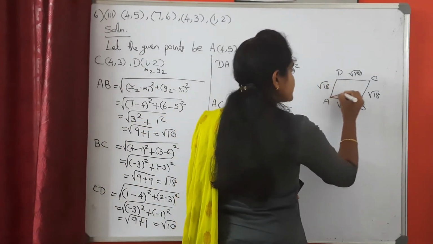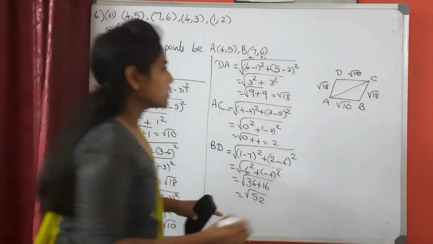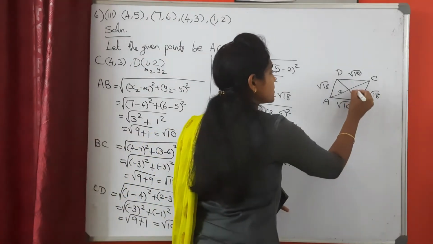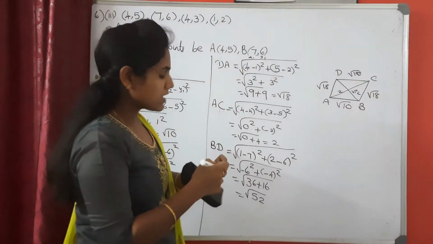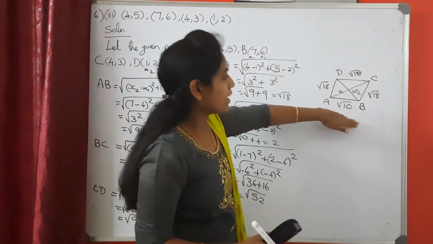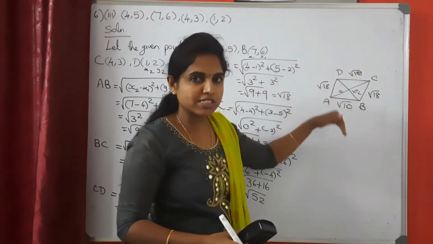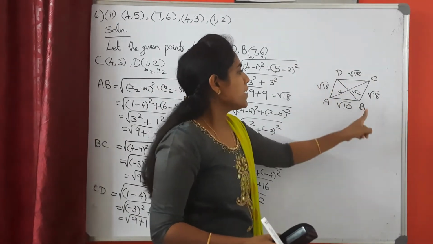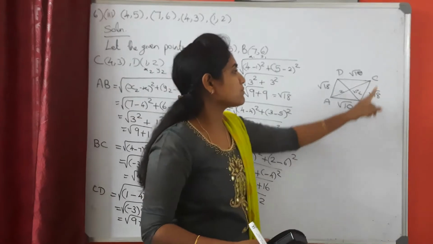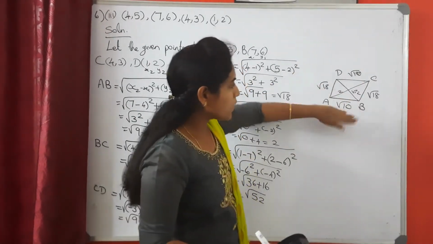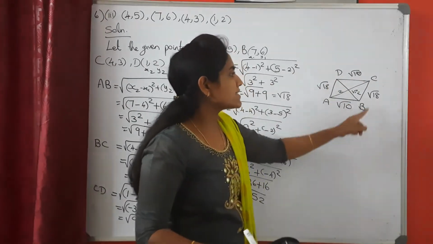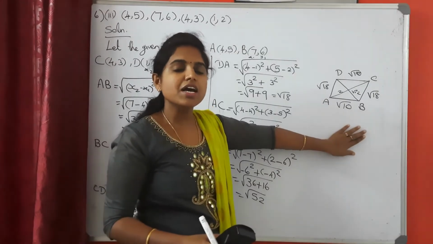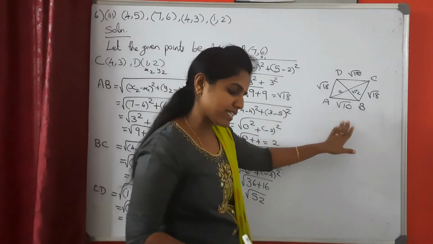And AC equals 2 and DB equals root 52. Now you just take opposite sides are equal. AB and CD are the opposite sides. Both are equal, root 10. And the opposite side of AD is BC. So both are equal. So opposite sides are equal and diagonals are unequal. Then we can say this ABCD is a parallelogram.